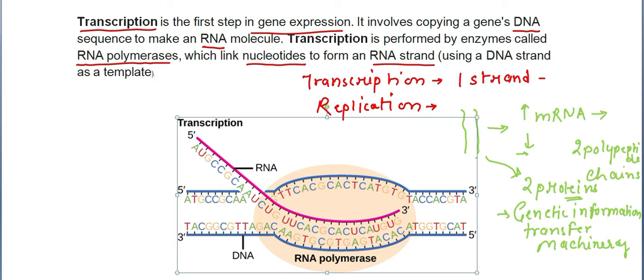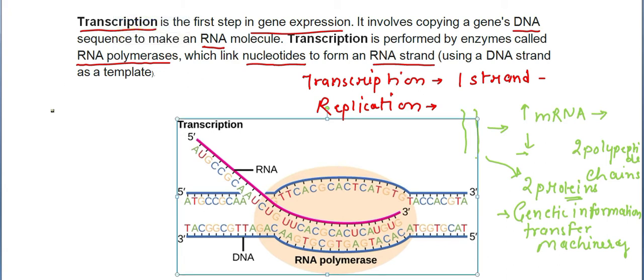The second reason is that if the two strands of the DNA are there, then two RNA molecules will be formed, and being complementary in nature, double stranded RNA would be formed, and this will prevent the RNA from being translated.